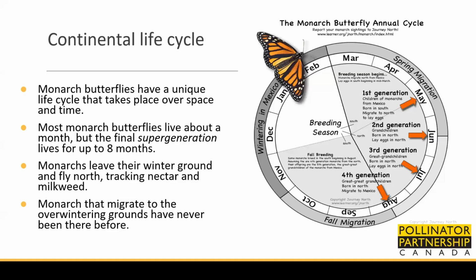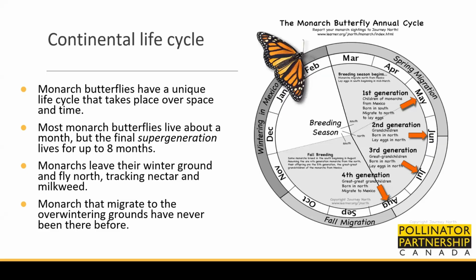Monarchs will leave their wintering grounds and fly north, tracking nectar and milkweed. The monarchs that migrate south to wintering grounds have never been there before. The monarchs that migrate to the overwintering grounds in Mexico are actually the great-great-grandchildren of the monarchs that arrived there in the spring.